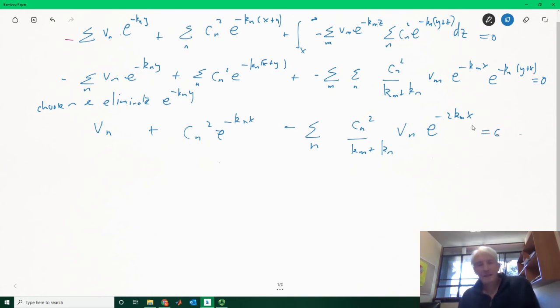That's just a linear equation for b_n. Each of these are constants, and of course b_n depends on x, so this is how the x dependence comes into b_n.